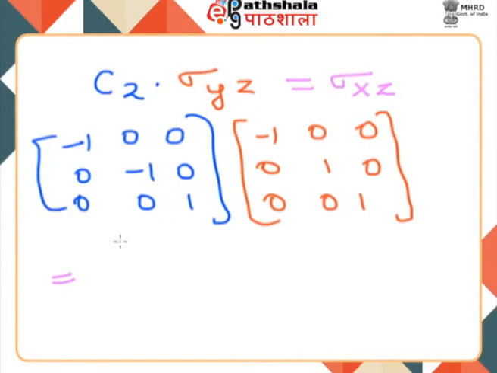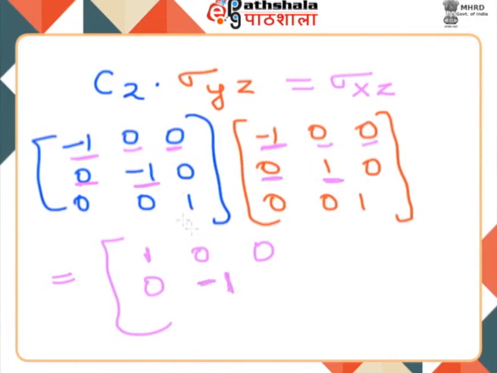And let us see what we get: minus 1 multiplied by minus 1, you get 1. 0 into 0, we get 0 here. Again 0. Here also 0 into 0, we get 0. Minus 1 into 1 will be minus 1. 0 into 0, then again 0, and then again 0, and 1 into 1 will be 1.